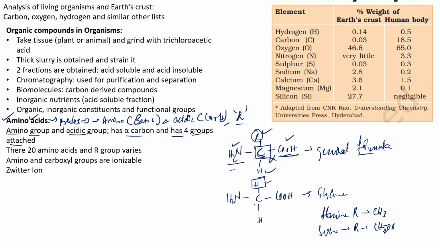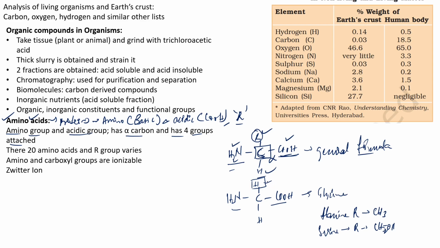So with the same skeleton of the basic formula of an amino acid, you can go on replacing the R group with the desired substituent group, and you will get different amino acids.